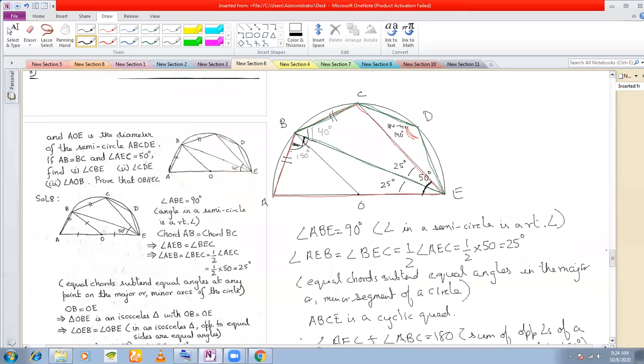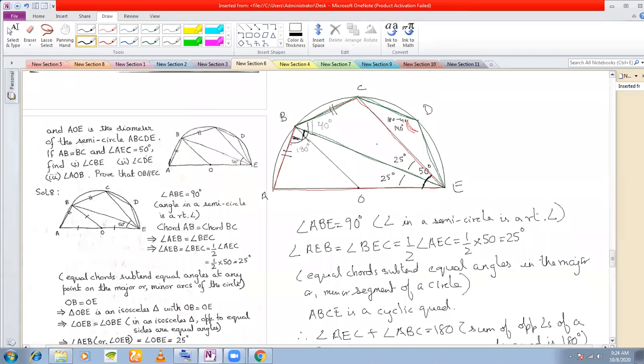Third question, angle AOB. Which one is angle AOB? Let me erase this first. We have found out this angle to be 140. Next angle that we need to find out is AOB. This one. How much is angle AOB? That's just a cakewalk. Can anyone tell me what should be AOB?